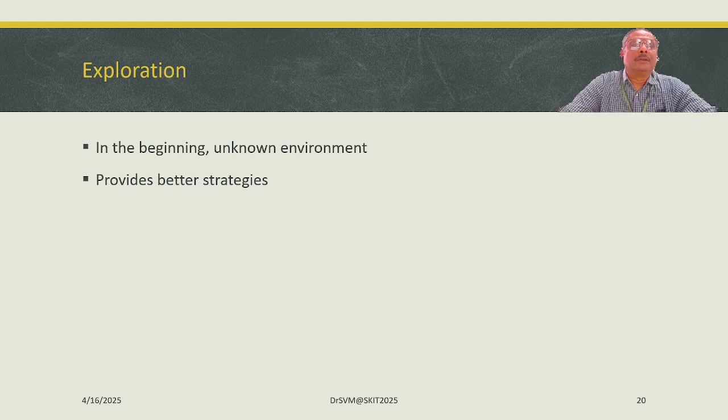So the only option left is to start somewhere, maybe with some random action, and once we take some random action, we get a reaction, maybe in the form of a reward or a punishment.